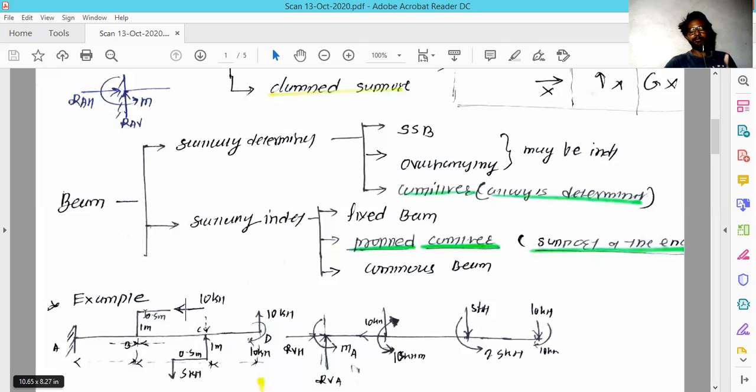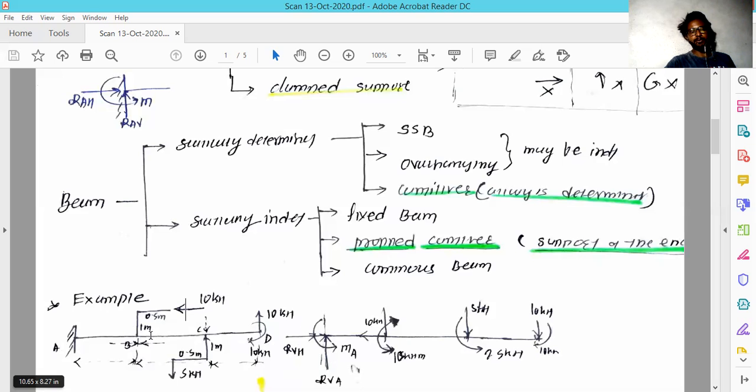At the fixed end, we have taken three unknown forces: the reaction at A in the vertical direction, the reaction at A in the horizontal direction, and the moment at A, which we have taken in the anti-clockwise direction.